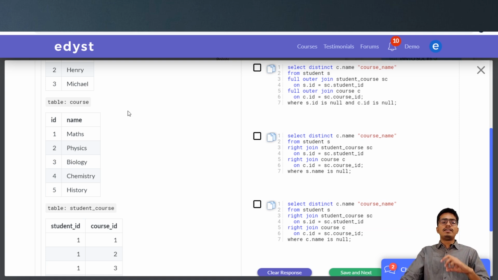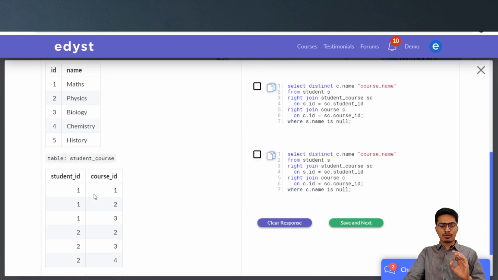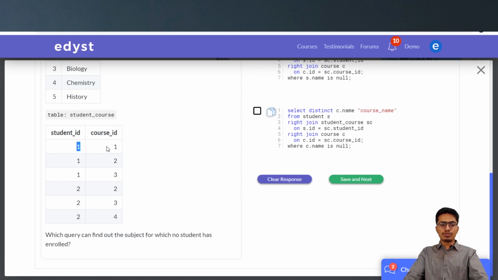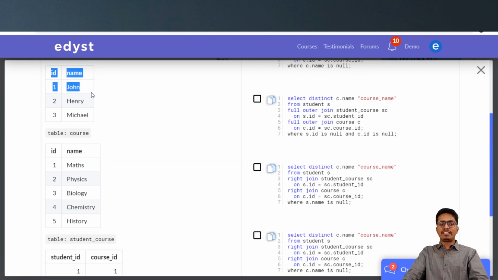Which basically means if I right join on the table course, if course is the last table that I join, then all of these values are going to get included. Anything that has null for the other 2 tables, what does that mean? That means that for that particular course, there is no student ID, course ID pair that relates a student to a course.